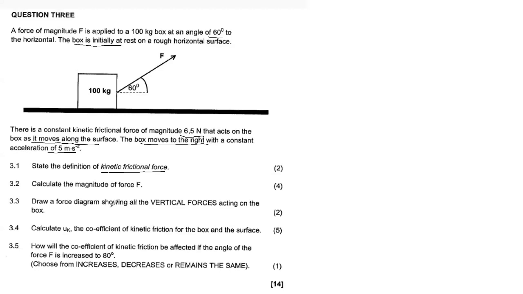So before we can calculate the magnitude of force F, let's first draw a free body diagram indicating all the forces acting on the 100 kg block so that we are able to calculate properly. Then this is the normal force going up there, and then down here we have the gravitational force.